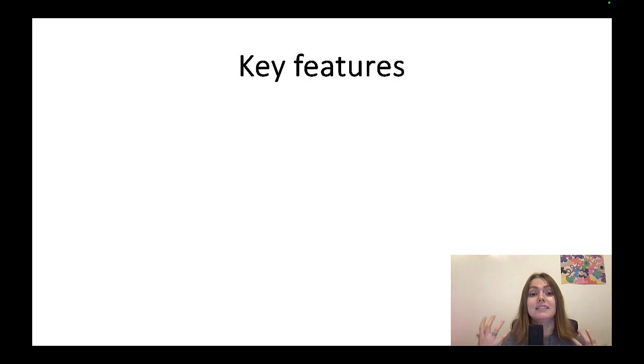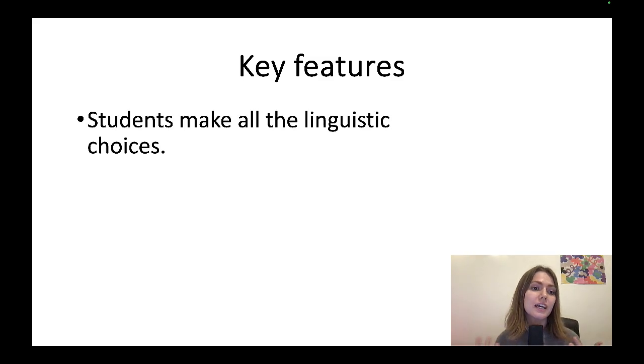Now, some of the key features. If you have an activity and you want to check whether it's truly communicative, and it will work as a good freer practice, for example, this is a checklist that you can use to see where your activity is and if you need to change anything. So the first thing is the students make all the linguistic choices.